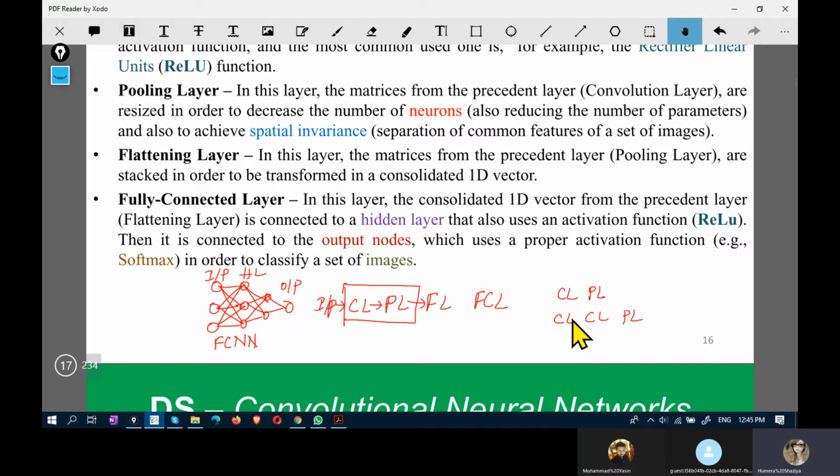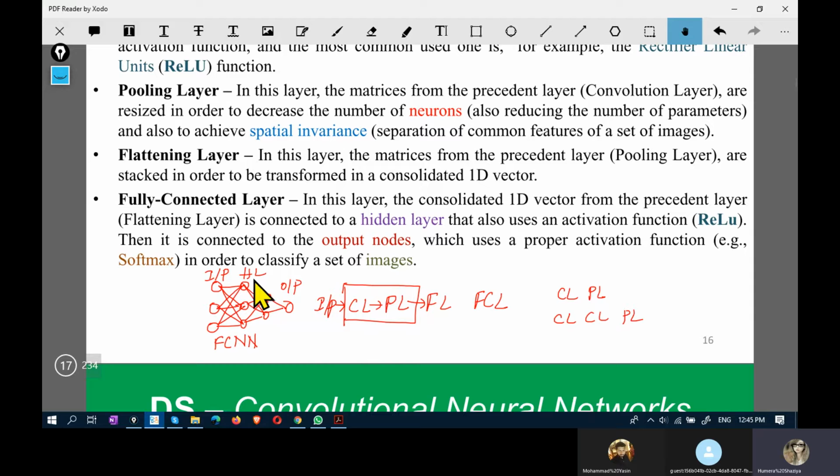Whenever you are designing a new convolutional network, you have to come up with some architecture that is most efficient for your problem. Basically, the convolutional neural network has convolutional layer, pooling layer, flattening layer, fully connected layer. But their arrangement varies and their count also varies.